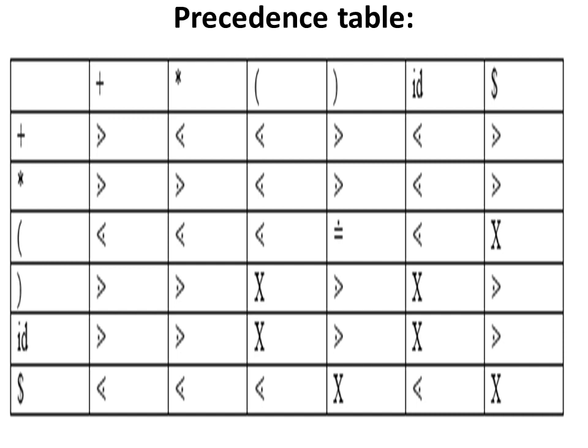Similarly, we construct the precedence table for all the operators. Open bracket and close bracket have equal precedence, but close bracket and open bracket cannot be compared. That is why it is marked with a symbol. So if two terminals cannot be compared, then it is marked with that symbol.